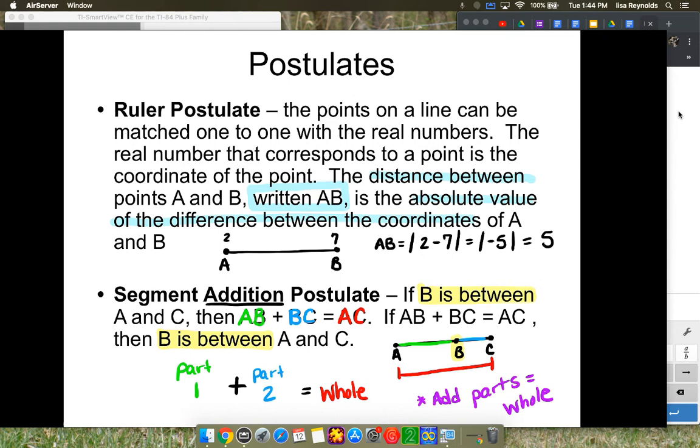And if our addition works out so that A to B plus B to C equals AC, that means our B has to be between the A and C on our diagram. So we're going to do some examples with this, and then we'll get the rest of the notes.